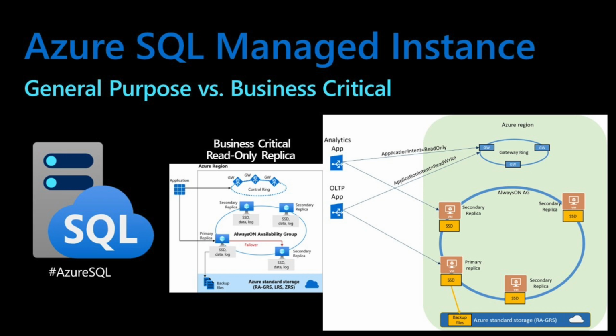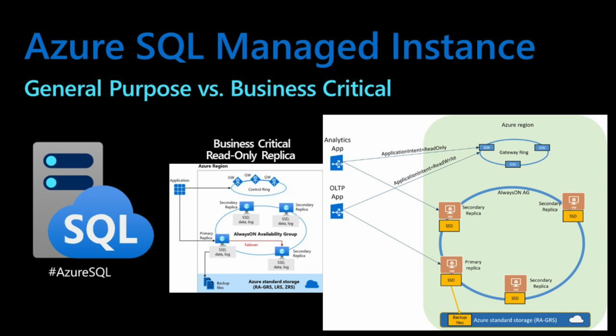If we look at this diagram here, we can see that we have two applications, an analytics application and a transactional application. The way this would work is the transactional application would talk to the gateway and say, hey, I need to connect to the Azure SQL Managed Instance and I need to perform read-write workloads.